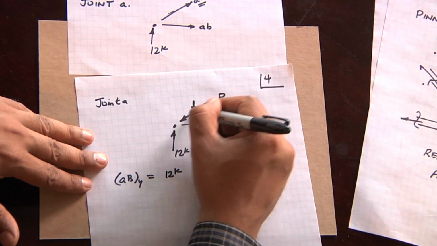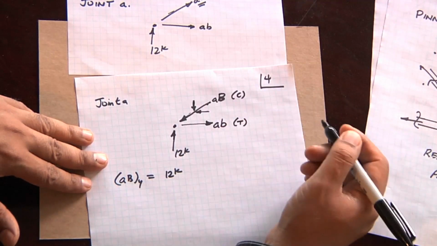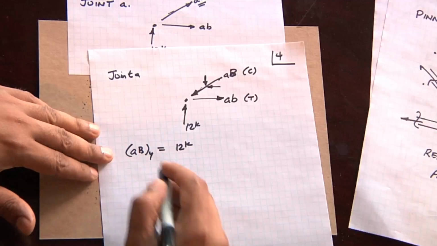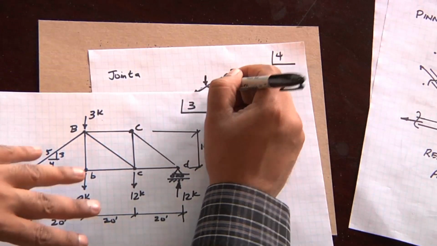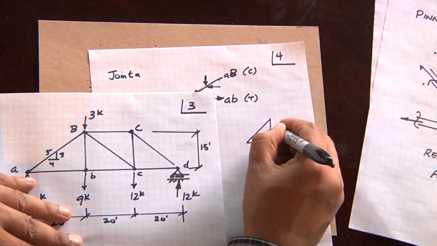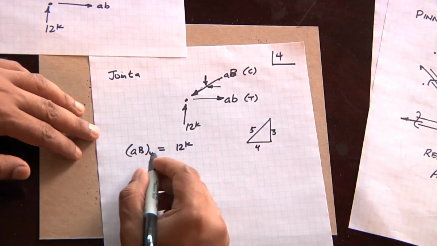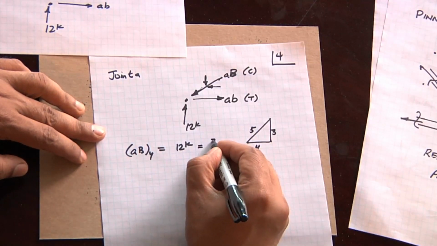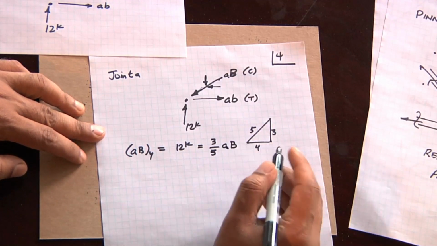So when the force is coming into the joint, this tells us that this is in compression. This tells us that this is in tension because it's pulling away from the joint. So if ABY is equal to 12 kips, then using some basic geometry, if we have a 3 to 4 to 5 triangle, ABY is equal to 3/5 AB.